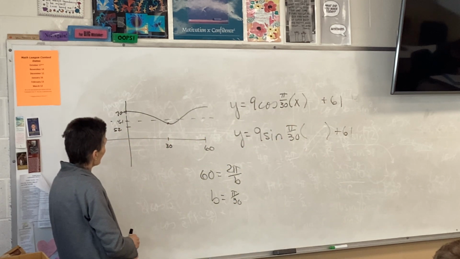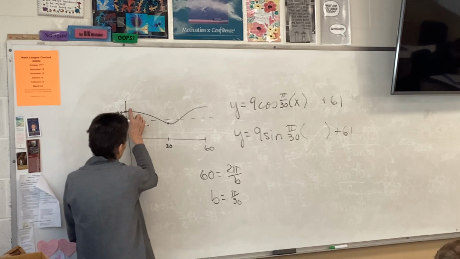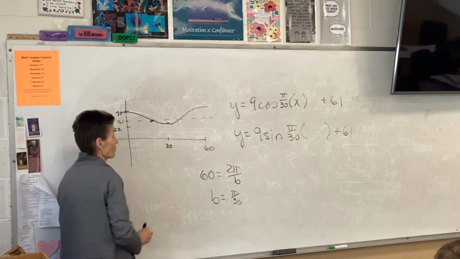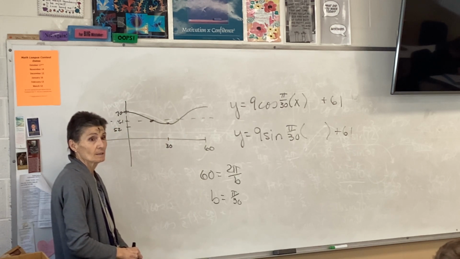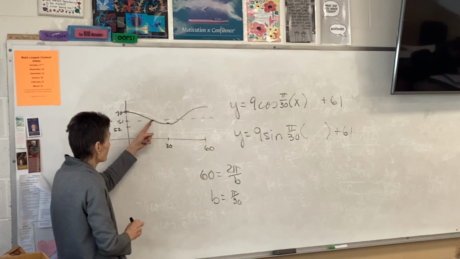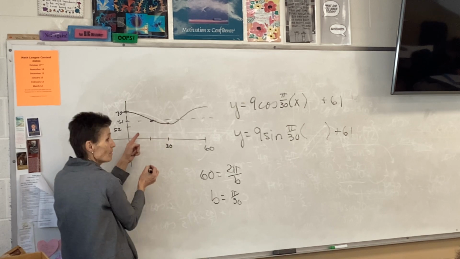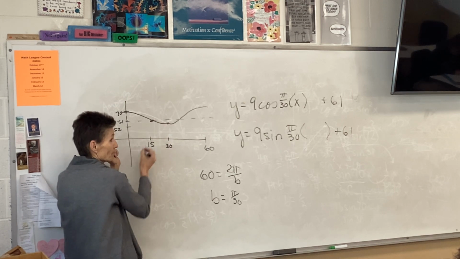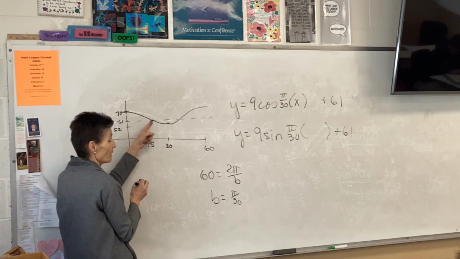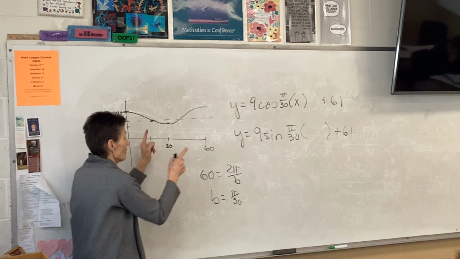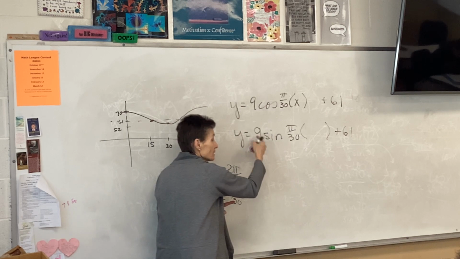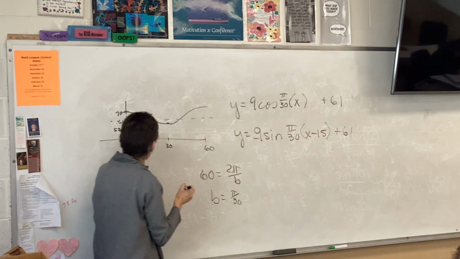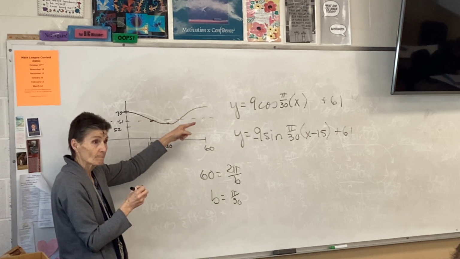But if it's a sine, this picture is really bad, but if it's a sine, it would have to start on the midline, right? Now, if you started it here, which would be where? 15? If you started it there, which is fine, this would have to be negative because you have your valley first.